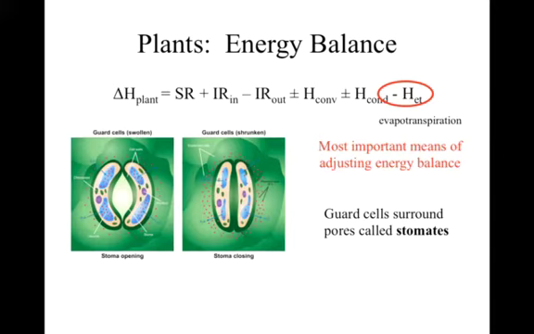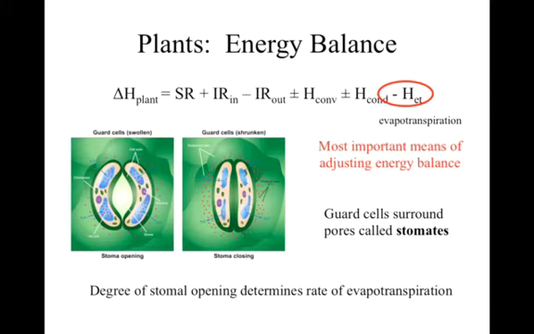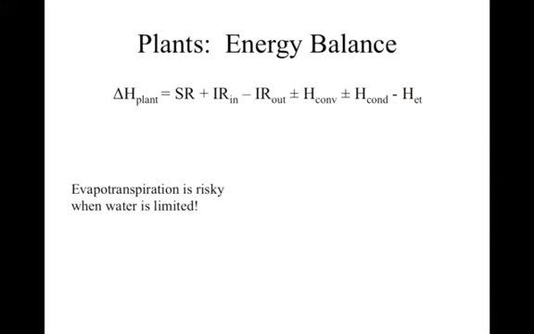That cools them down because that takes energy, that takes the latent heat. So the degree of stomal opening determines the rate of evapotranspiration. Now, the problem is evapotranspiration is risky when water is limited. If you're in a desert, it can be really, really hot, but maybe you don't want to use evapotranspiration as a means of regulating.